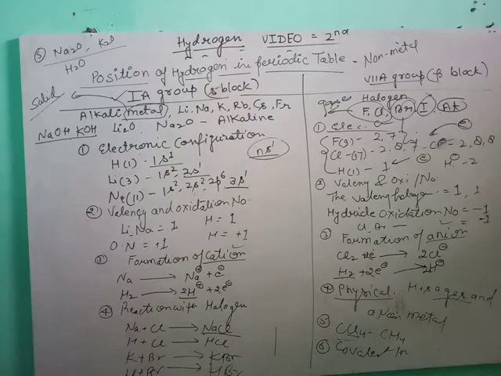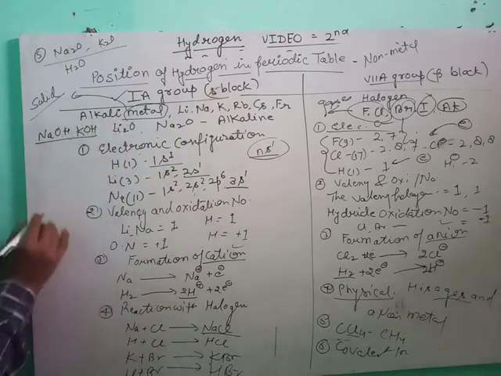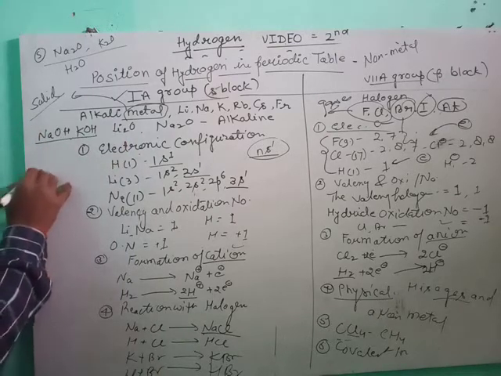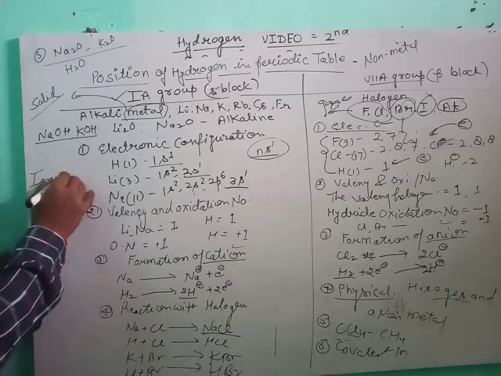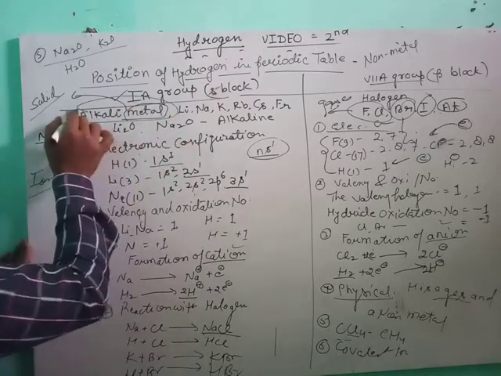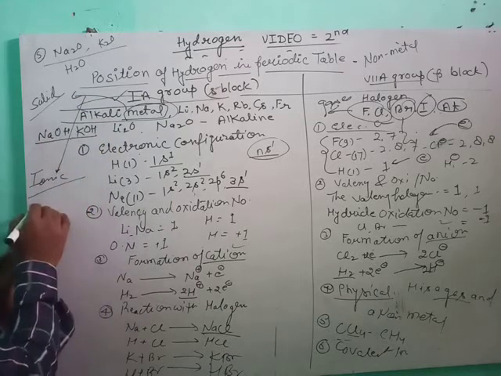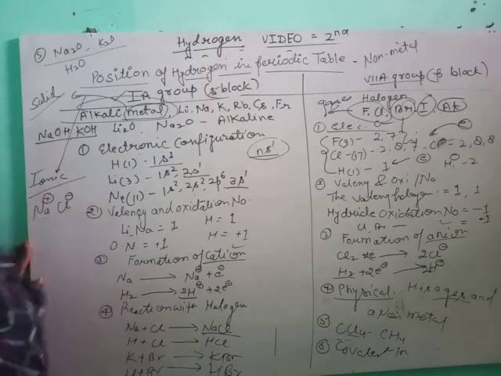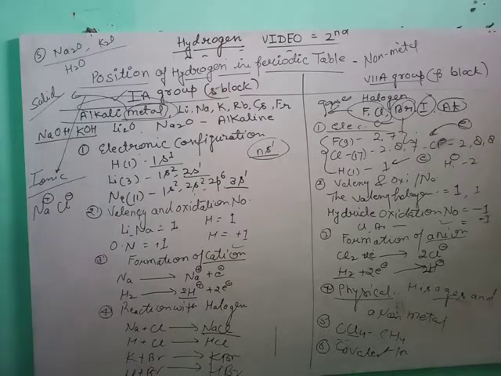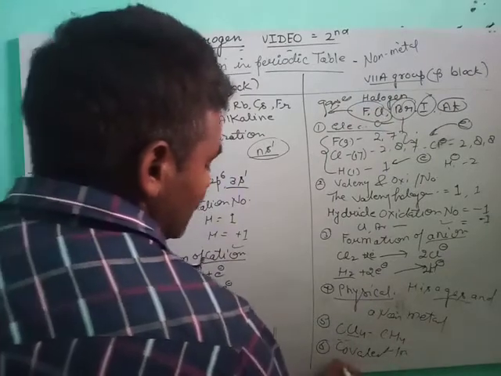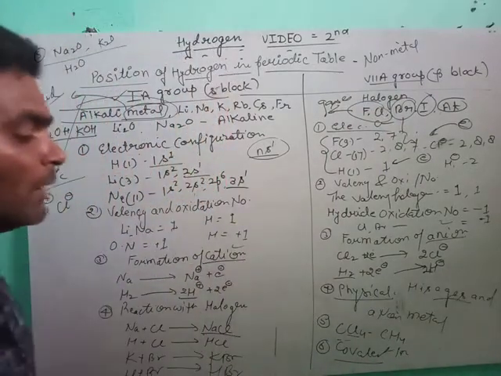But all the compounds of alkali metals are ionic in nature, meaning alkali metals always form ionic compounds. Ionic compounds are formed by cation and anion. But most compounds of hydrogen are covalent.